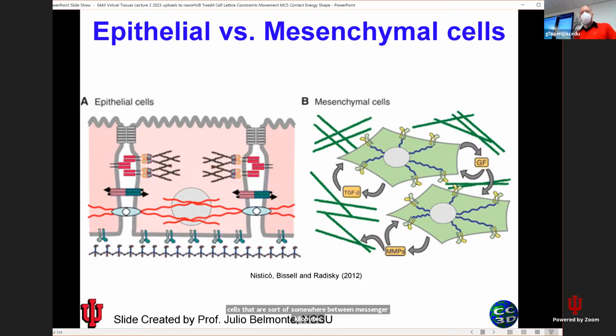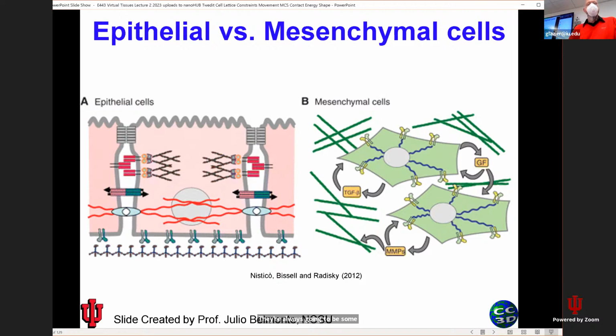But basically, epithelial cells are cells that are typically in sheets. They don't move around a lot, although they can move. They're polarized. They have apical and basal surfaces that are different. And they often are joined to their neighbors by junctional adhesion. Mesenchymal cells tend to be, if not round, because some very complex cell shapes like neurons are mesenchymal, but they don't form sheets. They tend to be more typical of three-dimensional organization. There always are going to be some counterexamples in biology.